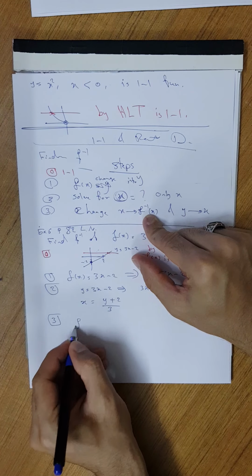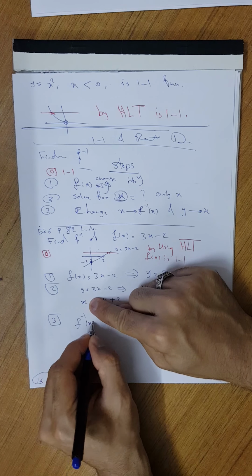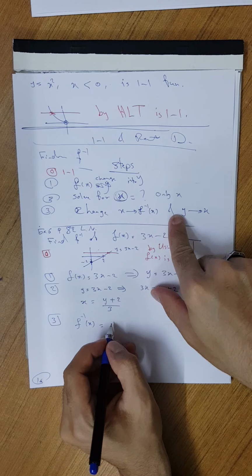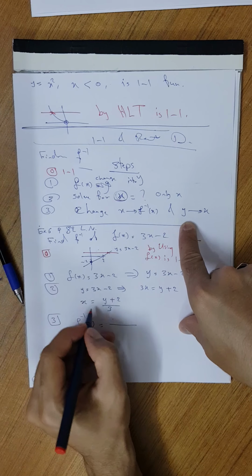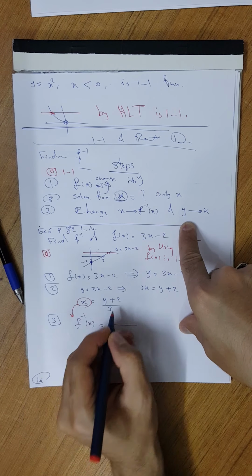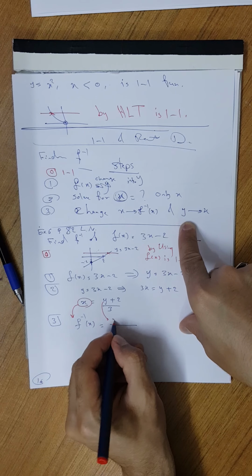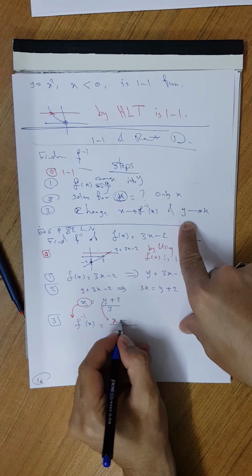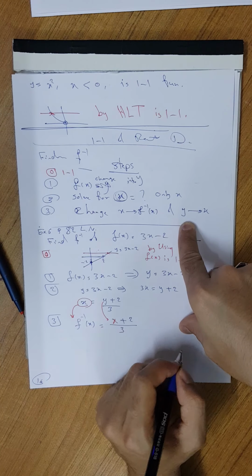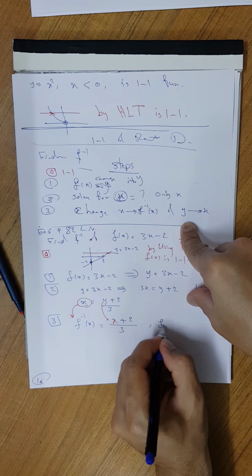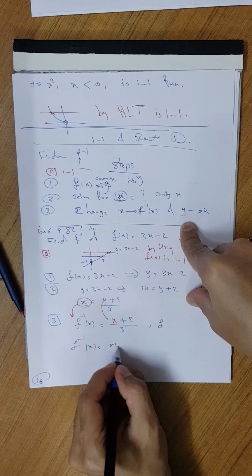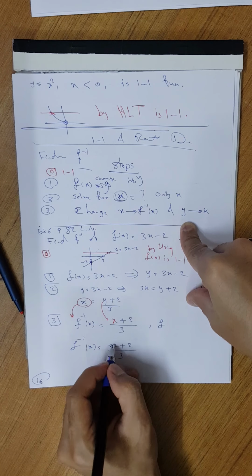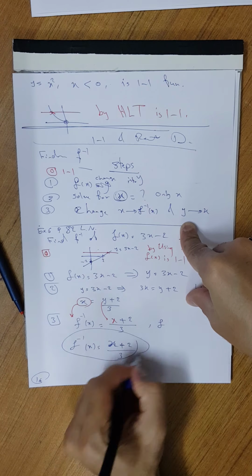So I will change x to f inverse of x, and change y to x. So f inverse of x equals x plus 2 over 3. Now our f inverse is the function like that. That's all we need.